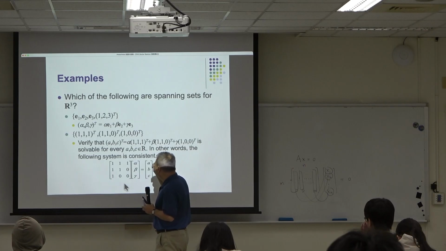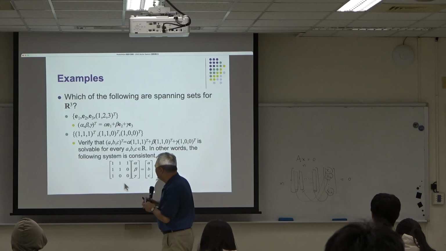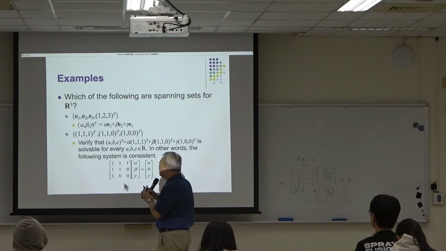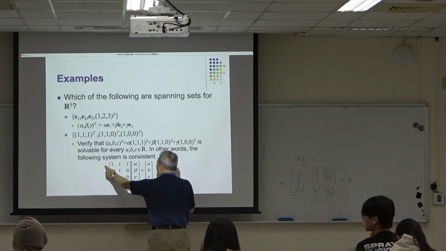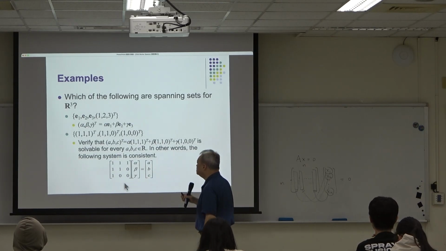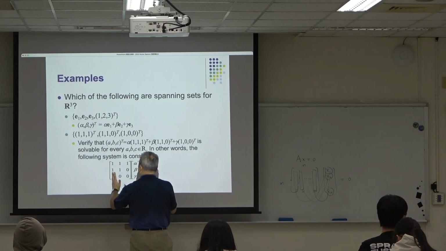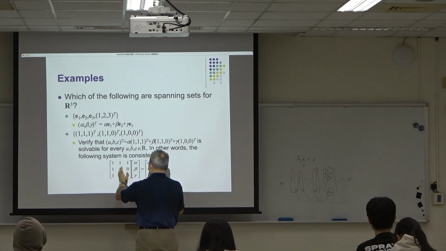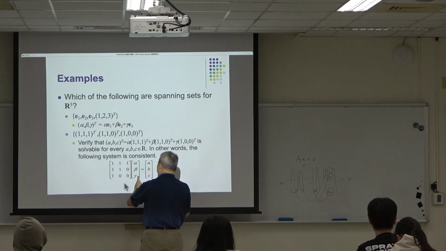In a more formal way, we are going to have this system of linear equations: the first column 1, 1, 1 times alpha, plus the second column 1, 1, 0 times beta, plus the third column 1, 0, 0 times gamma.